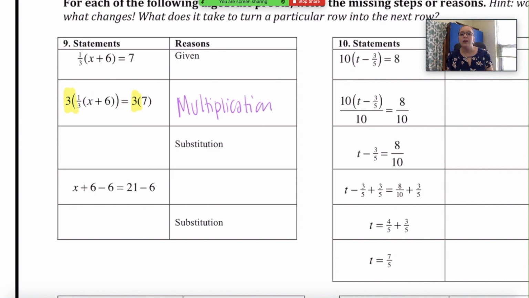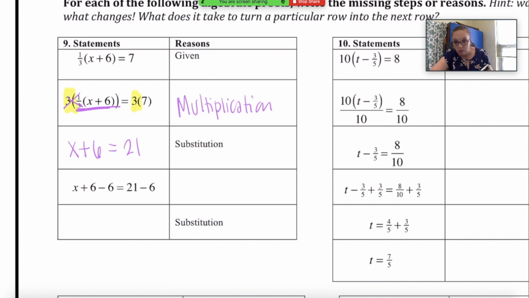Now, when we do this, when we multiply 3 times everything right here, we really only have to multiply the 3 by the 1/3. Well, 3 times 1/3 is 1, and then that's basically going to cancel out, leaving us with just the x plus 6, and on the right side, 3 times 7 is 21. And that is the substitution property because we've simplified.